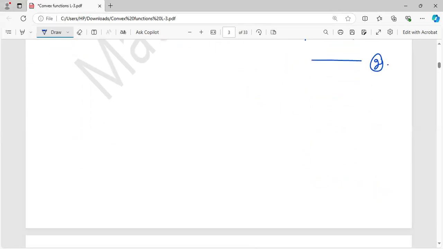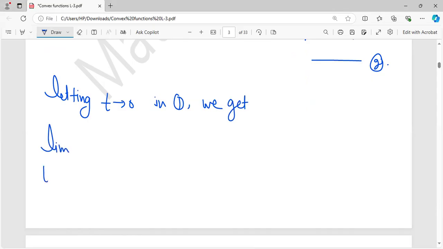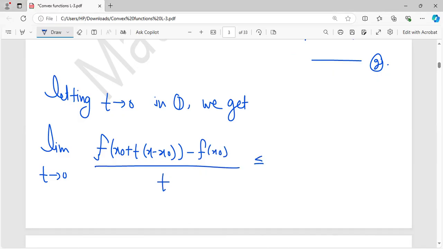So letting T tending to 0 in 1, we get limit T tending to 0 of f of x naught plus T times x minus x naught, minus f x naught, upon T is less than or equal to limit T tending to 0 of f x minus f x naught.